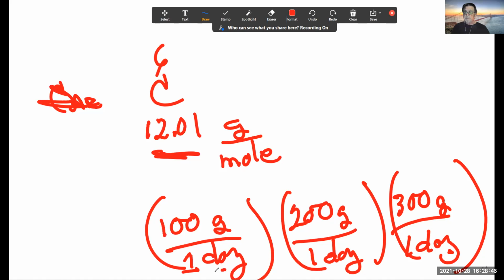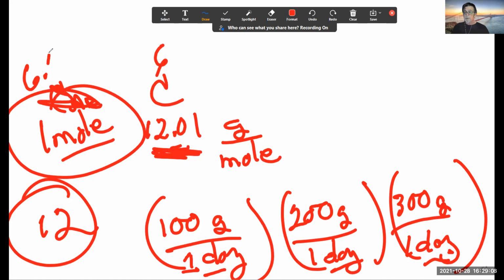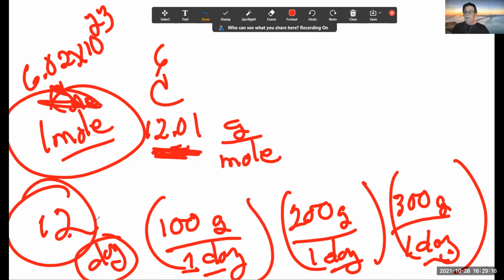They have a common dozen, which means there are 12. Every element has an atomic weight with those units. Okay. Grams per mole. What that means is that what they all have in common, quantity-wise, is 1 mole, which is 6.02 times 10 to the 23rd. Here they have in common a dozen, which is 12.